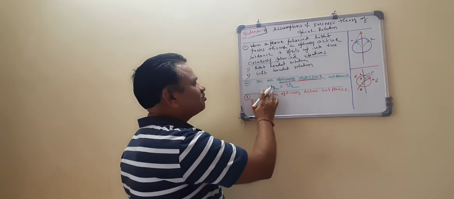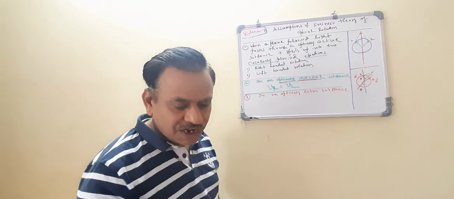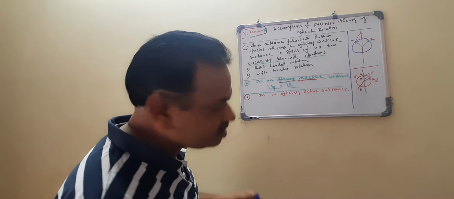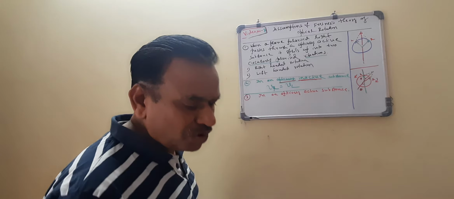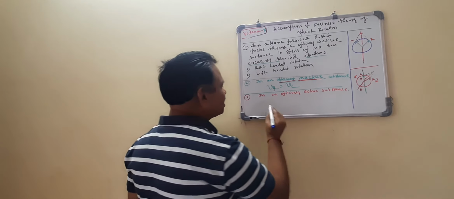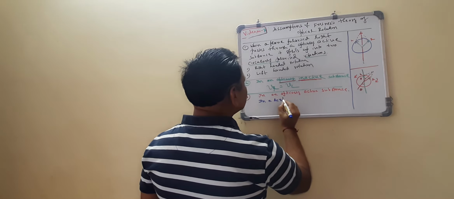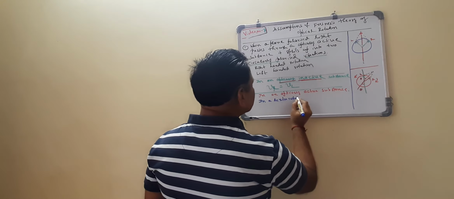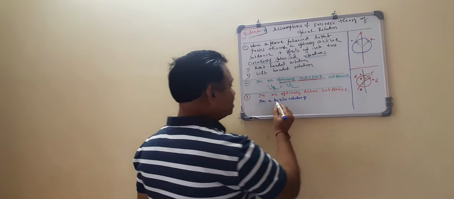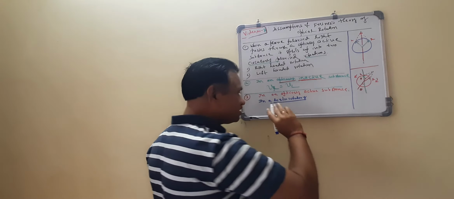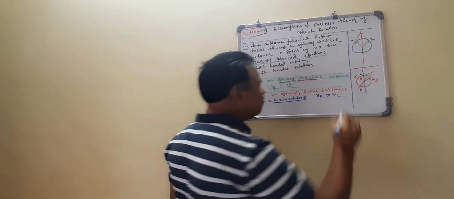One travels with more speed and one travels with lesser speed. You might ask which is greater. This is an important point for the next derivation. In a dextro-rotatory substance, VR is greater than VL.